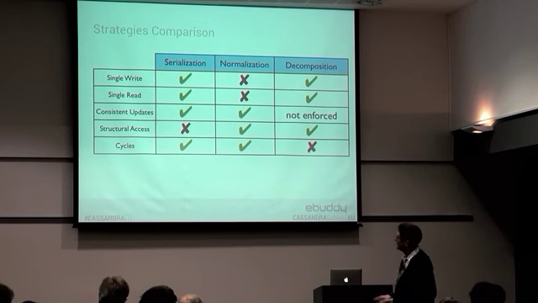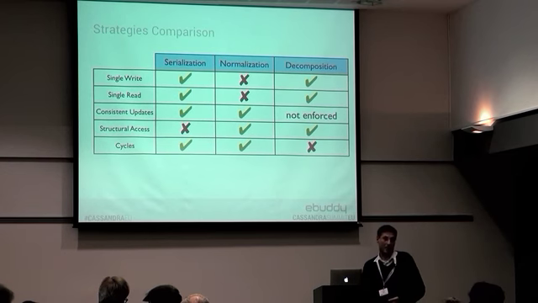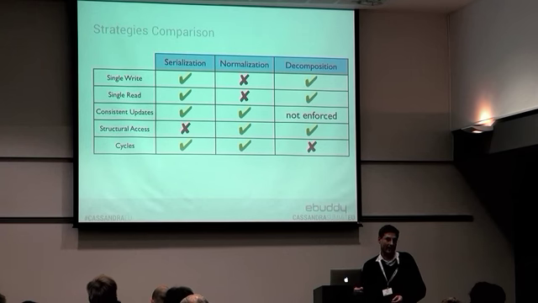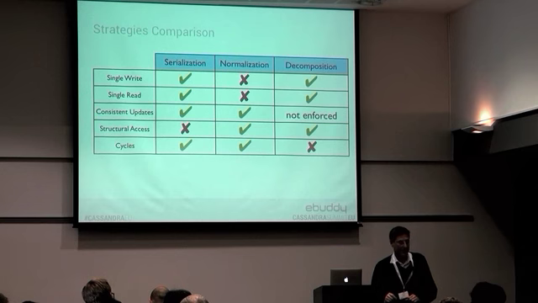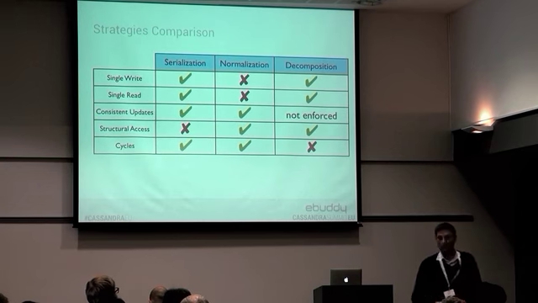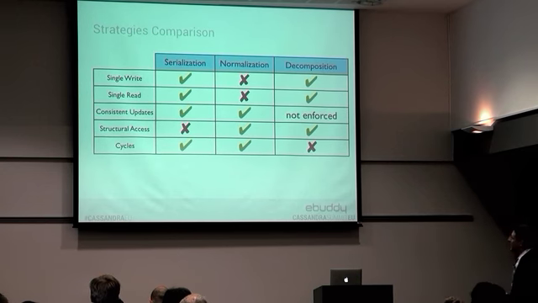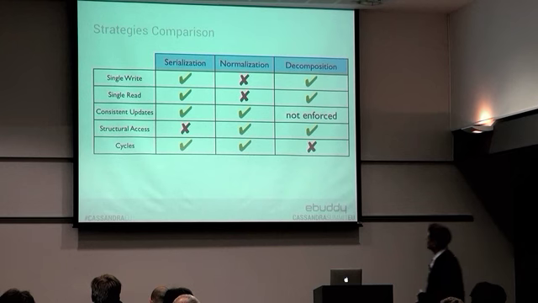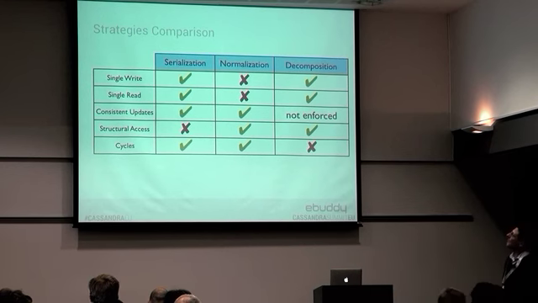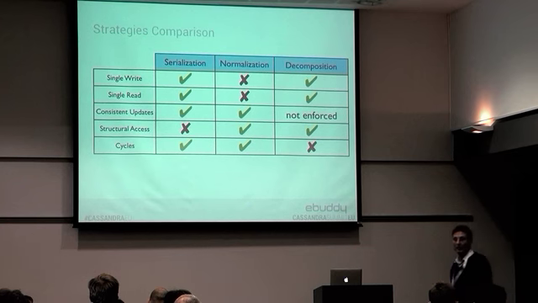And cycles, yes, you can also model cycles with normalization because you can have links, use identifiers to maintain object identity, right? With decomposition, you also get a lot of the same benefits of serialization with single writes and single reads, which is why I think it's good for Cassandra use.